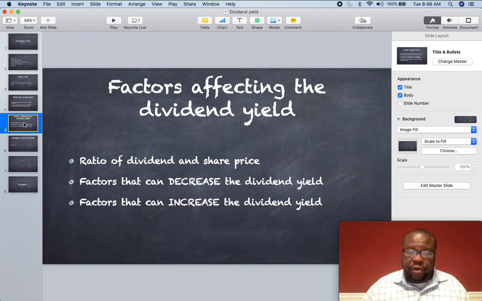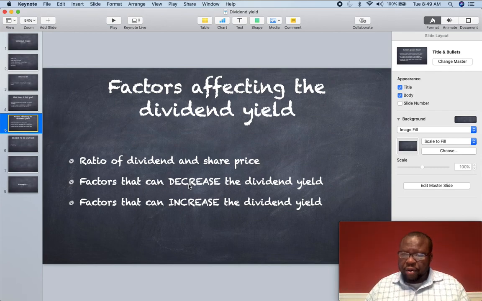Now let's look at factors that can decrease the dividend yield. Okay, if the share price goes up, or the share price increases, right? So now we said the share price is $100. Say the share price increased to $200 and the annual dividend remained the same.